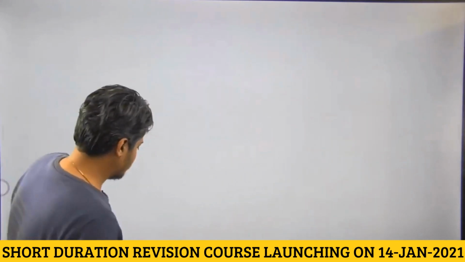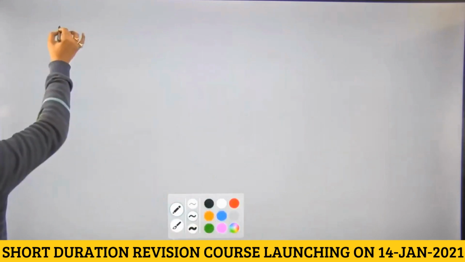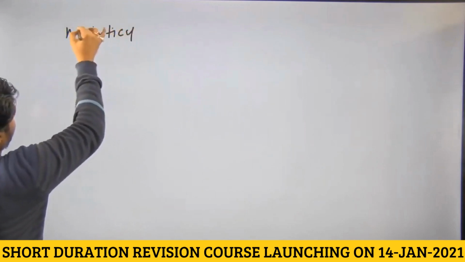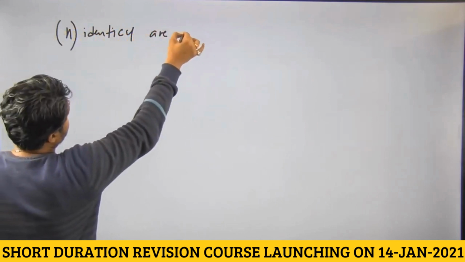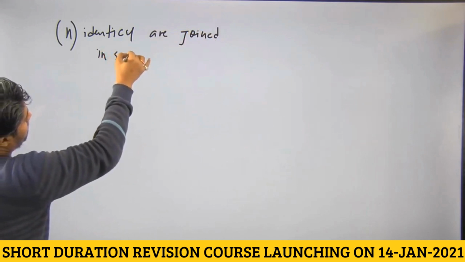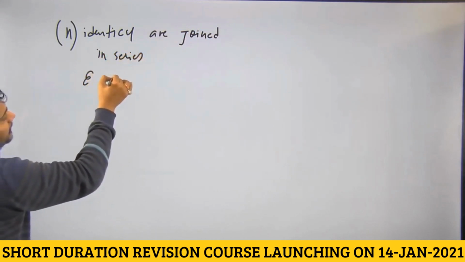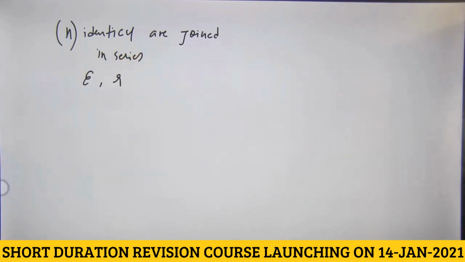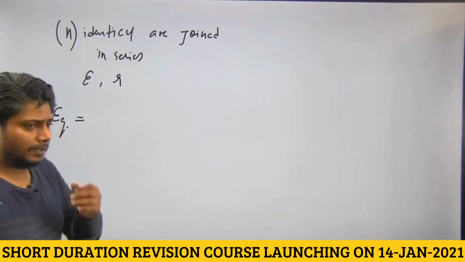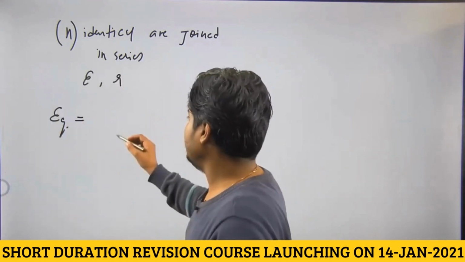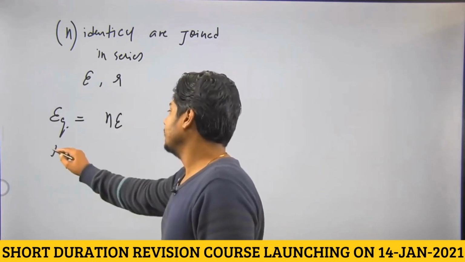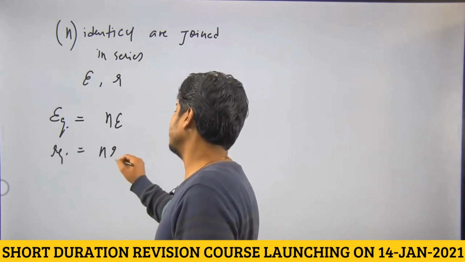So let us solve one simple problem quickly. Suppose n identical cells are joined in series, with EMF E and internal resistance of each cell R. So E equivalent will be, assuming all of them are in the same polarity, E1 plus E2 plus E3 and so on, so it will be n times E, and R equivalent will be equal to n times R. Simple.